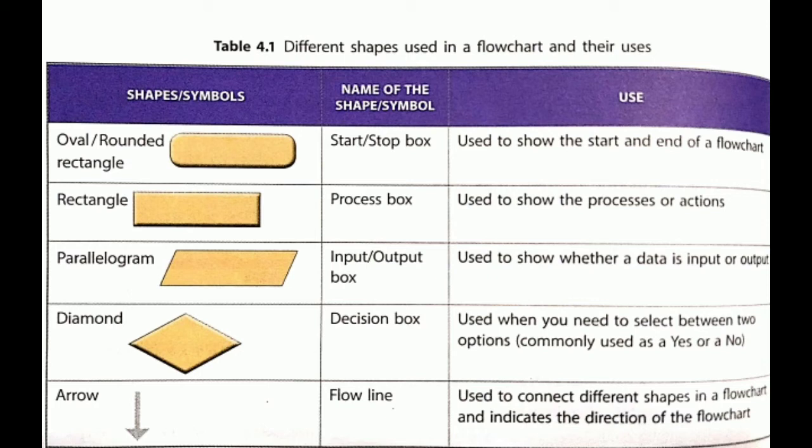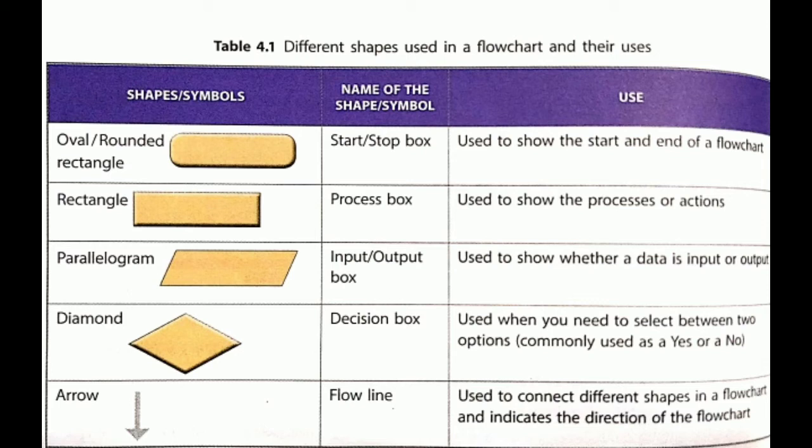Next one is diamond, used for decision. Its name is decision box, and it is used when you need to select between two options, commonly yes or no. That is, whenever you want to check a condition, a true or false condition. In such cases, we will be using this diamond.